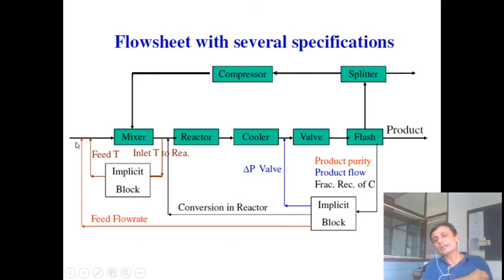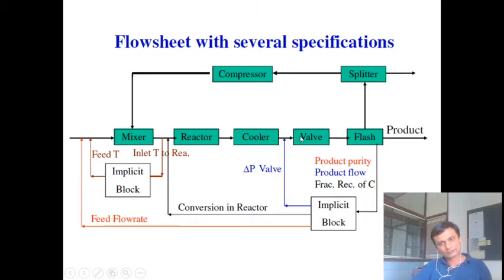So what happens is that if I want to simulate this particular process, what I need to start with is I initialize this stream, that is the one which is recycled. I have to also initialize the conversion of the reactor. I have to also initialize the pressure drop across the valve. I have to also define the flow rate of the feed, and this can be calculated from the feed temperature because it's an explicit equation.